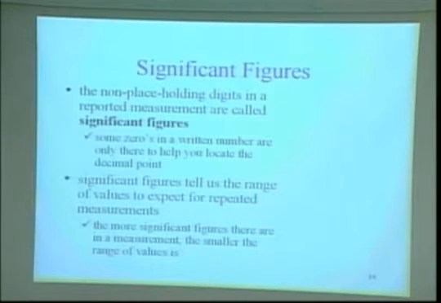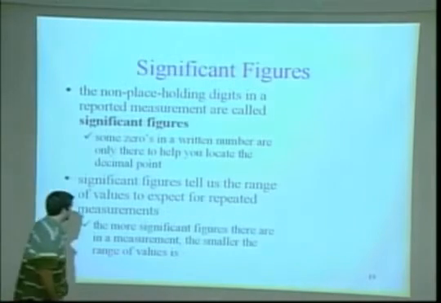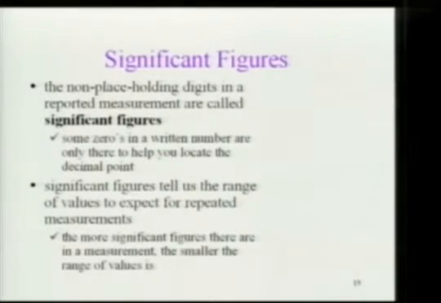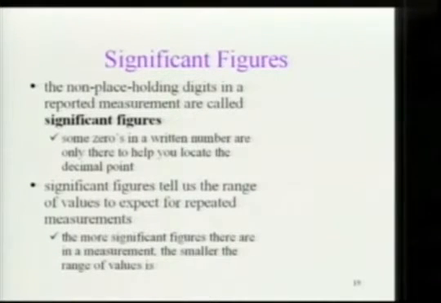Notice this, though. I say that significant figures tell us the range of values to expect for repeated measurements. What that means is, if you say that the temperature is 103.5, all I can say for sure is it's somewhere between 103.4 and 103.6, something like that. Think back to the slide I used with degrees Celsius. I said the global temperature increased about 0.6 degrees Celsius. What does that mean?